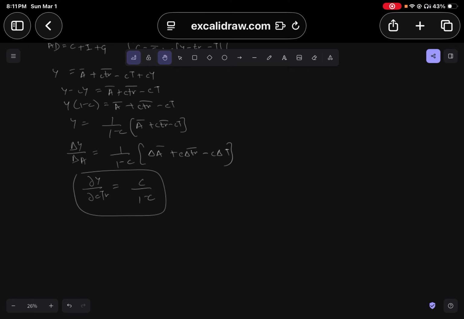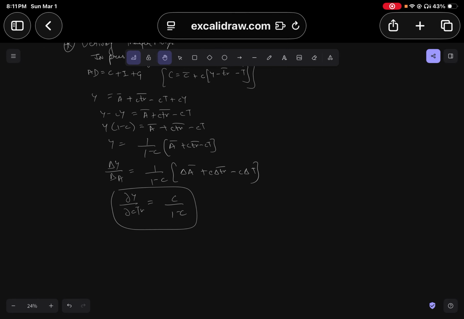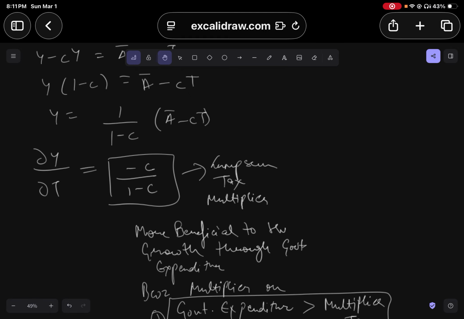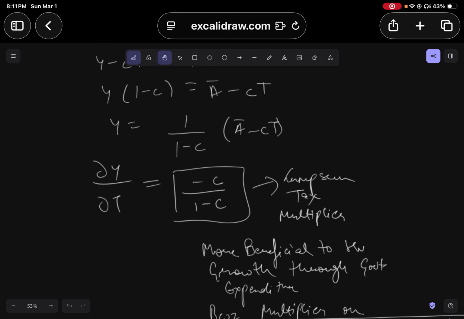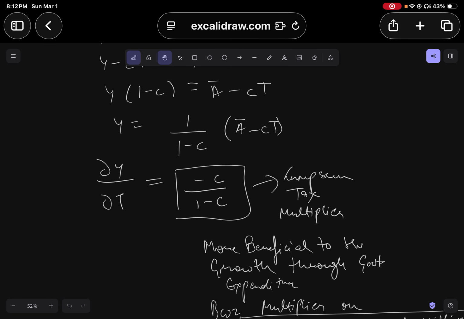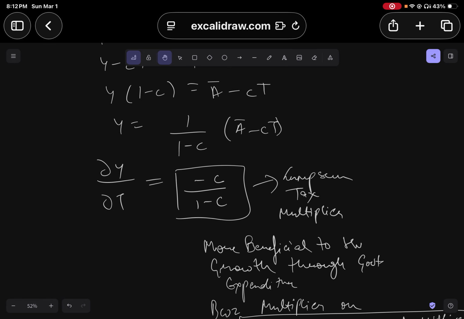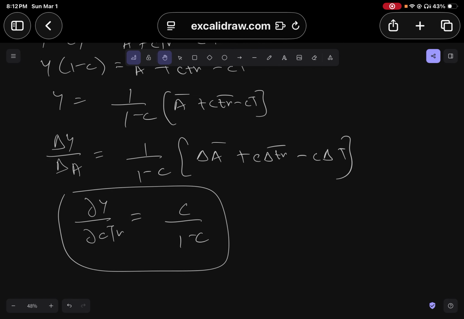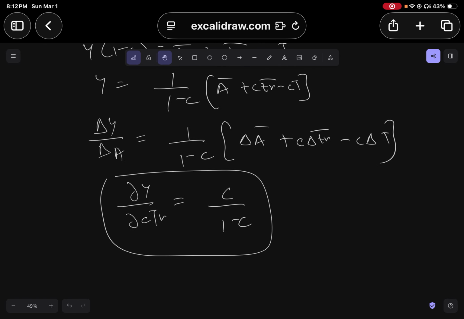Therefore, for every increase in transfers, aggregate expenditure rises MPC times and value of multiplier is C upon 1 minus C. Yes, it looks like lump sum tax multiplier, but since there is a negative relation between output and tax, that has negative in the numerator, but this one is positive.